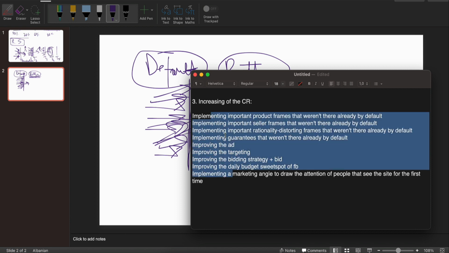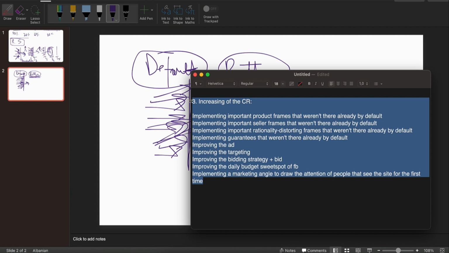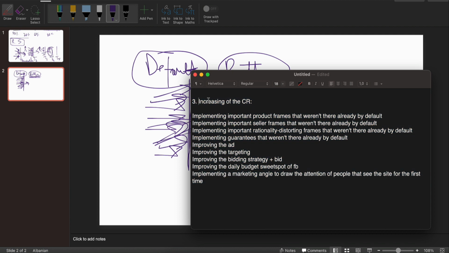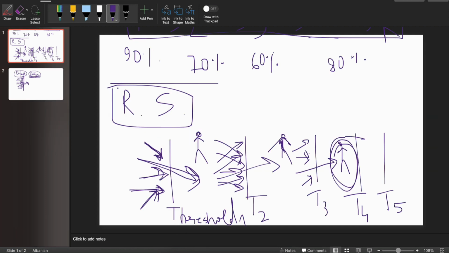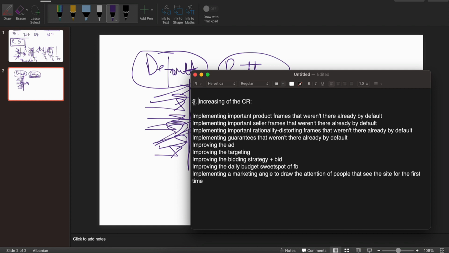So let's say that we are not successful in any of them apart from just improving the targeting. You see why I say it's reasonably impossible to not increase the conversion rate, given that we use the reducible simplicity approach, right? There are many ways in which I can explain this, but if you run through certain scenarios in your mind, you will see why this is quite genius.